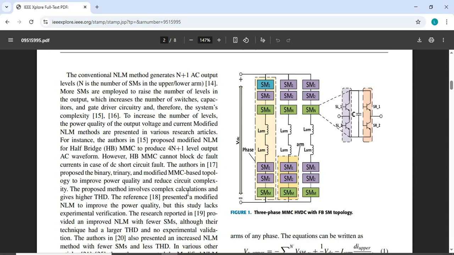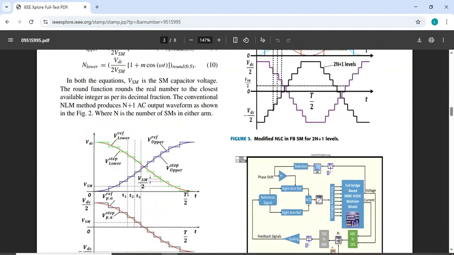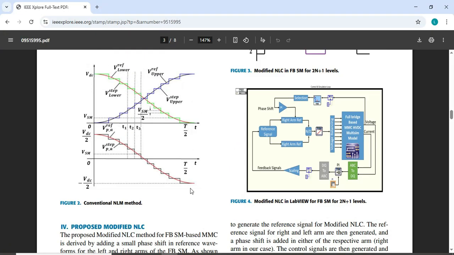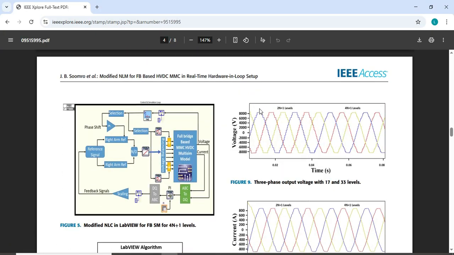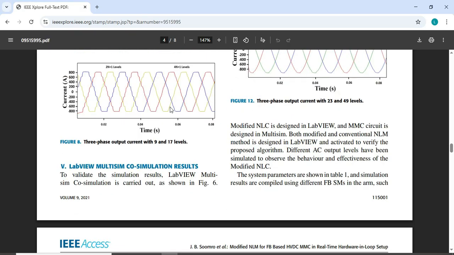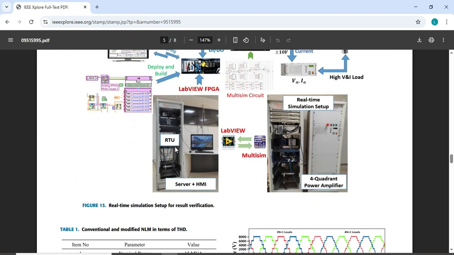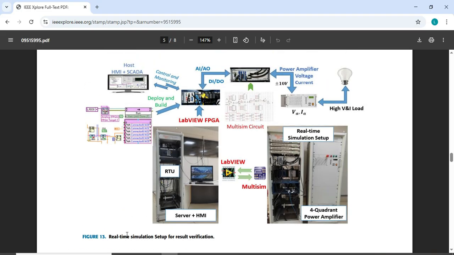Further, you can go through this paper, and I have done lots of work in LabVIEW as well as in MATLAB. So you can see the results. Later on, the same results were obtained using a real-time simulation setup, where we deployed the same model in Multisim, because Multisim was capable enough to be loaded into the PXI.